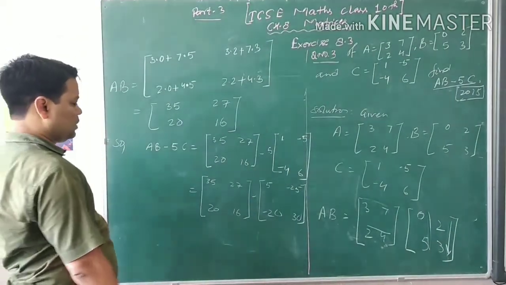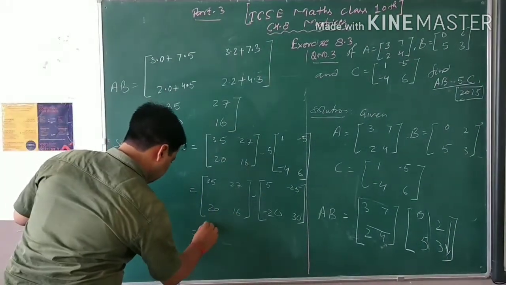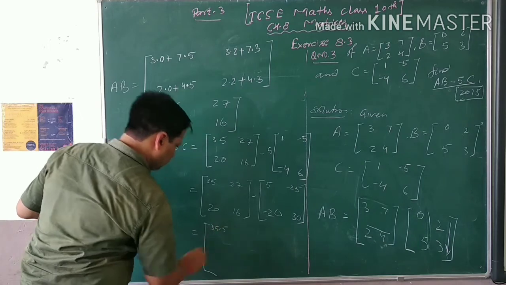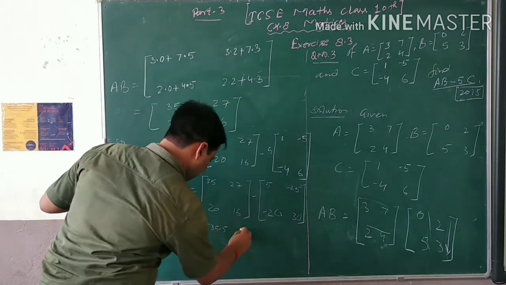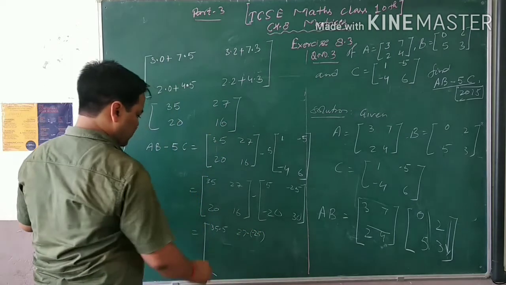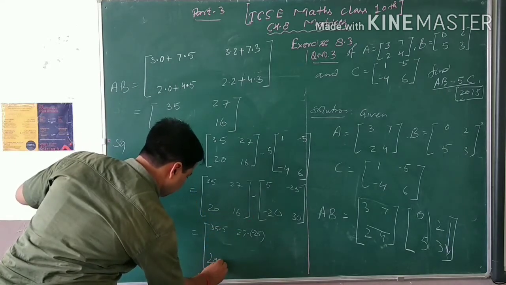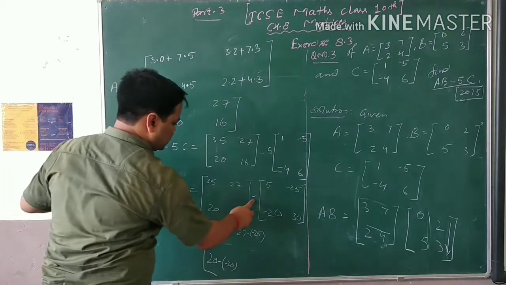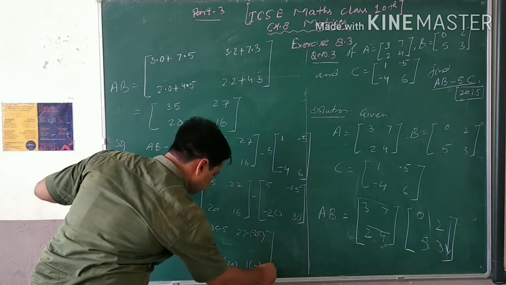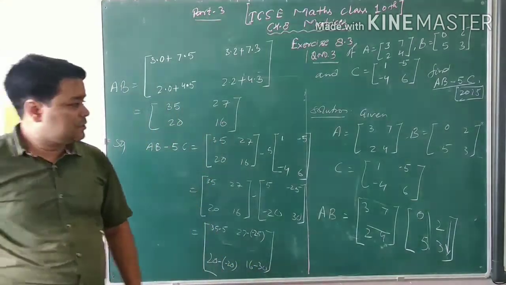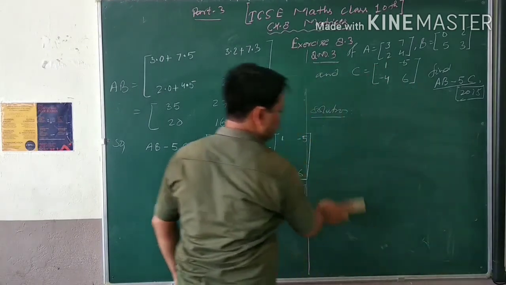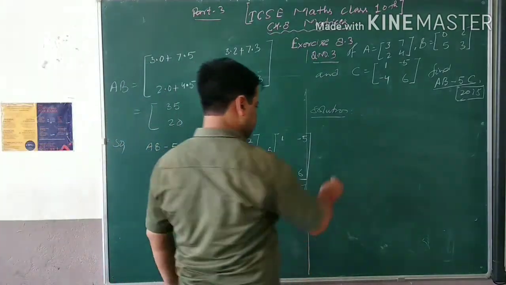Now this is the subtraction of matrices. Then what is the value? 35 minus 5, 27 minus of minus 25, 20 minus of minus 20, and 16 minus 30. Then what is the resultant matrix?